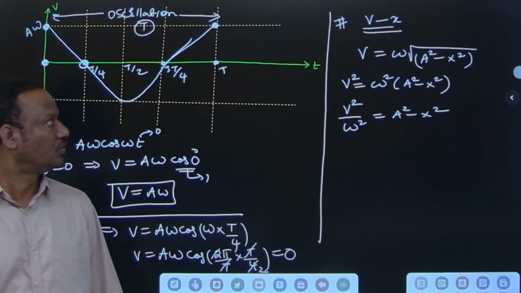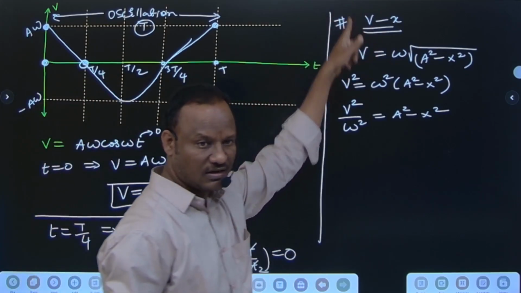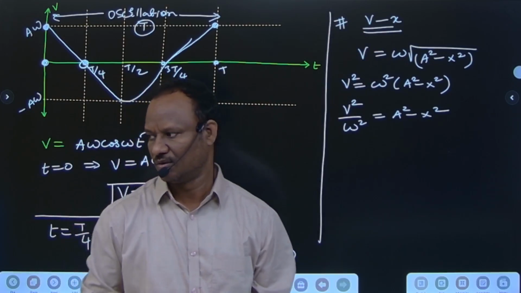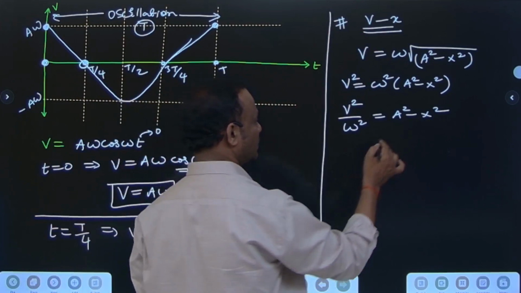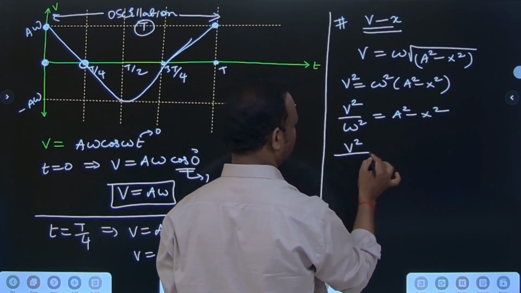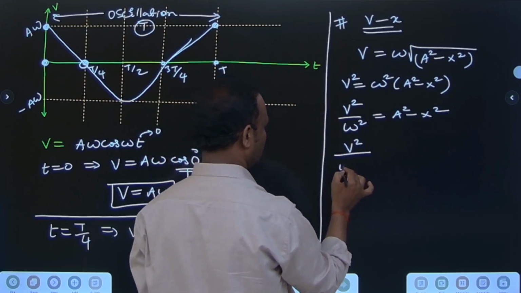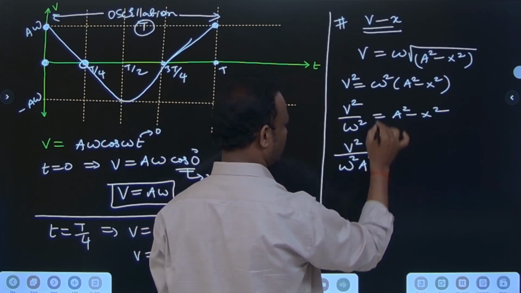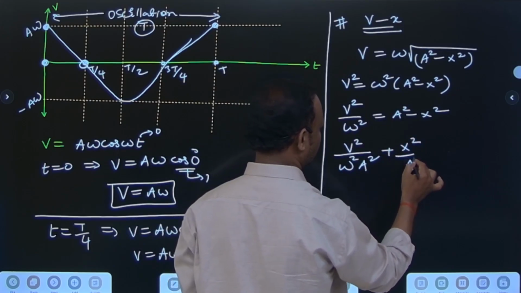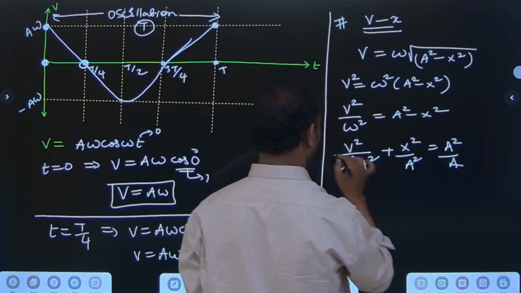Velocity versus position means velocity is taken along the y-axis and position is taken along the x-axis. First, I am dividing all the terms by a square.